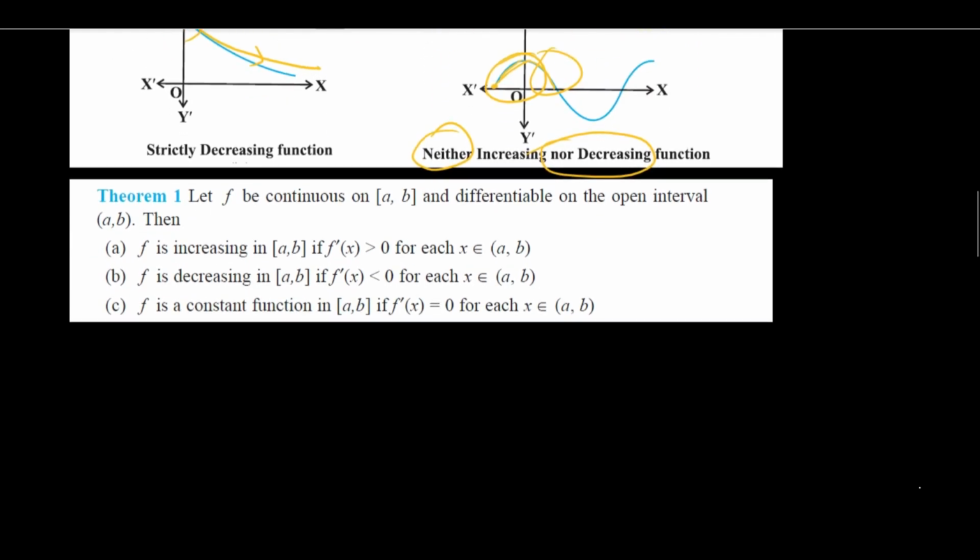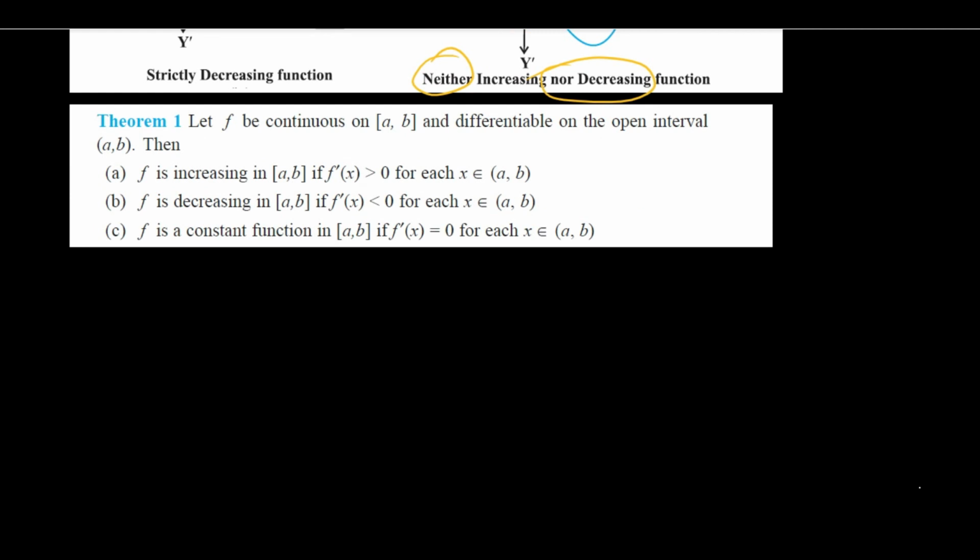Now the theorem: let f be continuous on the closed interval [a,b] and differentiable on the open interval (a,b), then f is increasing on [a,b] if f'(x) is greater than 0 for each x belongs to (a,b).